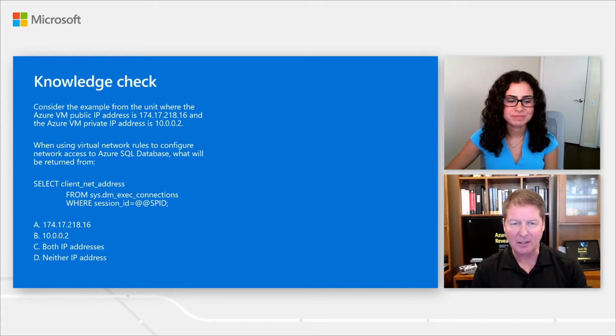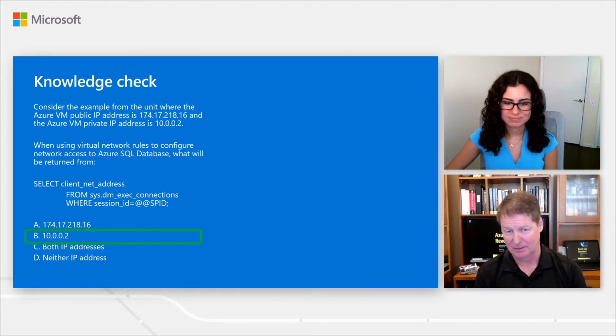And it can't be C because you only have one result coming back. It's got to be one or the other. So we're down to the A or B choice, right? Now here's the key. You mentioned this before several times. If you use private link or virtual network rules, you are in a virtual network. Therefore, the client is going to use the private IP address of the virtual network. So I would say it's B.